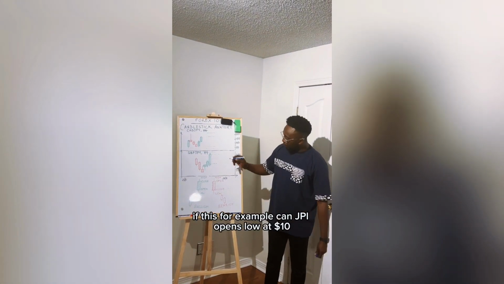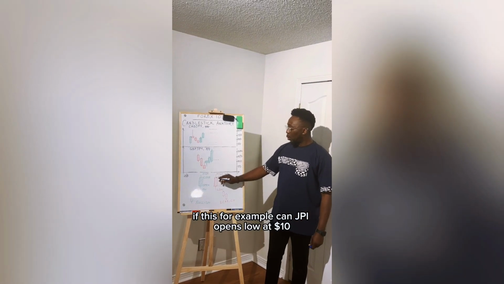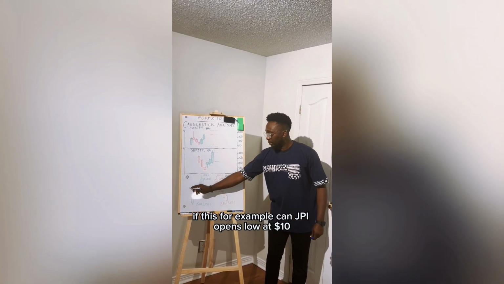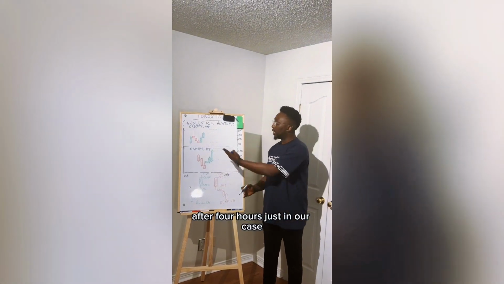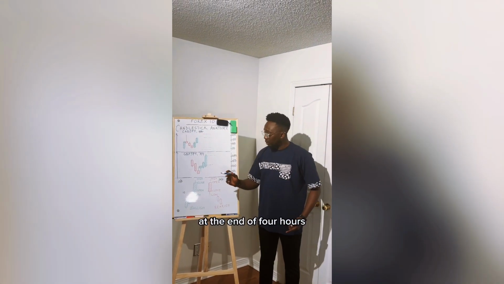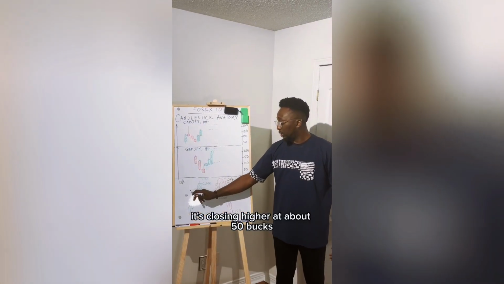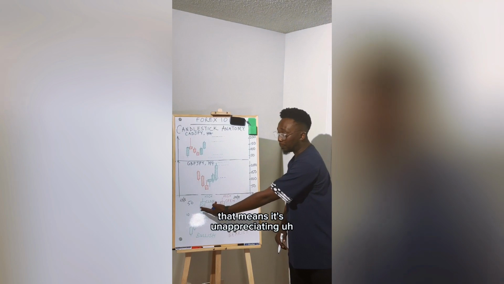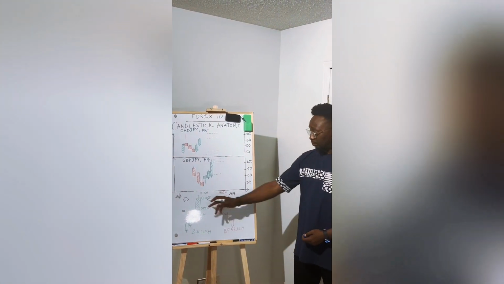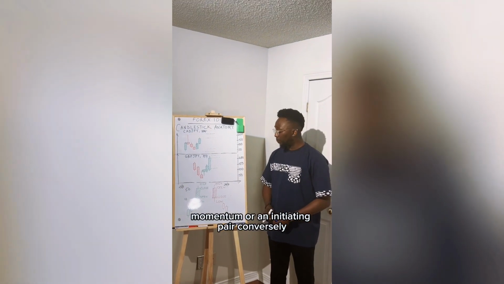For example, if JPY opens low at $10, and after 4 hours, since we're dealing with a 4 hour time frame, it closes higher at about $50, that means it's an appreciating momentum or an appreciating pair.